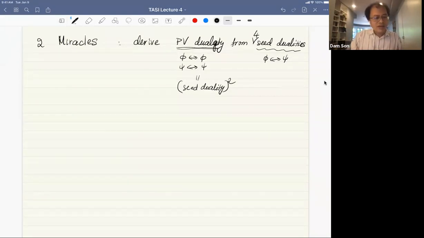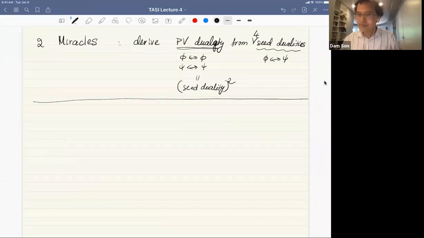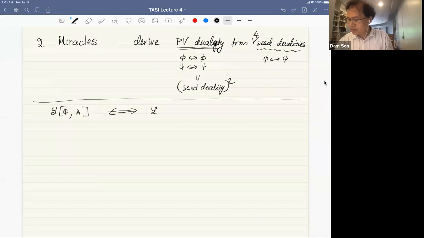So how do I do that? It's actually quite straightforward, although there are many steps we have to do. So I'm just going to show you schematically how it's done. We start from a seed duality, in this case, free boson, or not free, Wilson-Fisher boson is dual to fermion coupled to a gauge field.